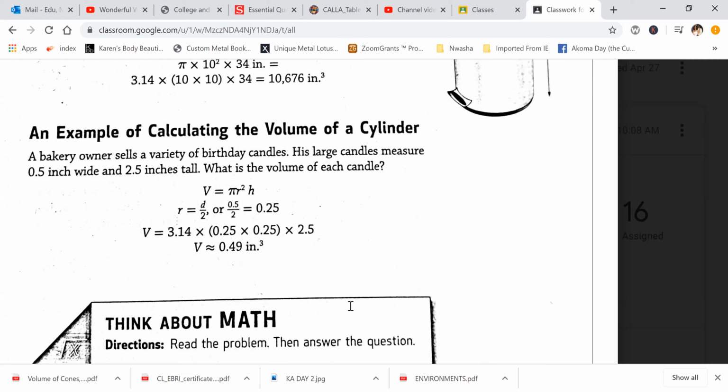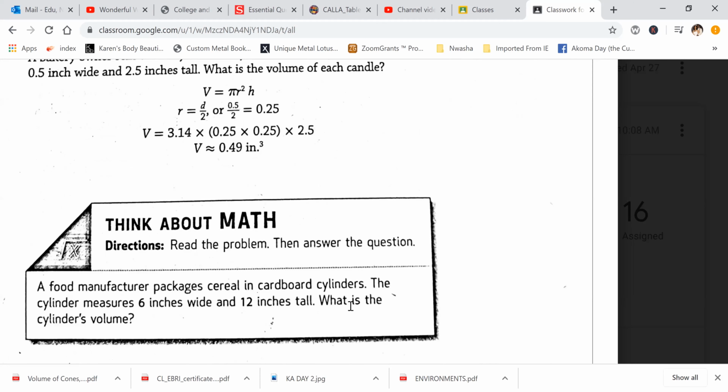So now you have to cut the 0.5 in half. So what you see they have for the radius is 0.25 times 0.25, then times pi, which is 3.14, then times the height, which is 2.5. So they're saying the volume, and they've got the wavy equal signs to be about. The volume is about 0.49 inches cubed.